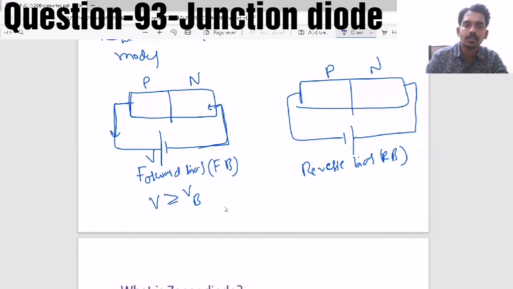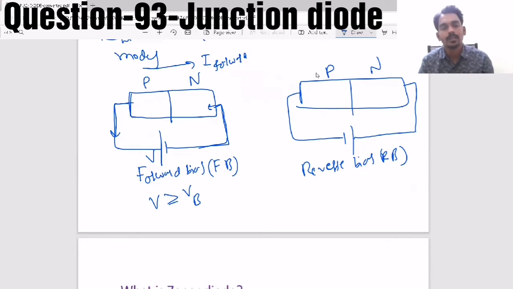That kind of connection we call forward bias. Electrons are flowing from N to P, so the current flows from P to N. So forward current flows from P-type to N-type. That is what we have to understand.